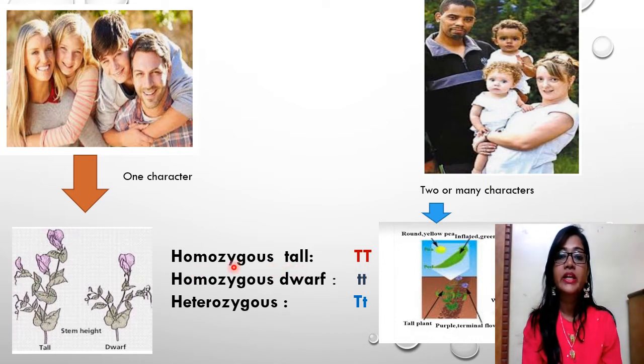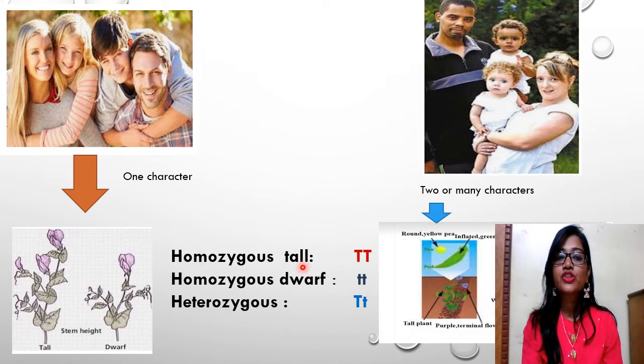It contains capital T type of genotype, and phenotypically it is a tall plant. A homozygous dwarf plant is again a pure trait, which contains small t genes. These two genes are similar, small t and small t.